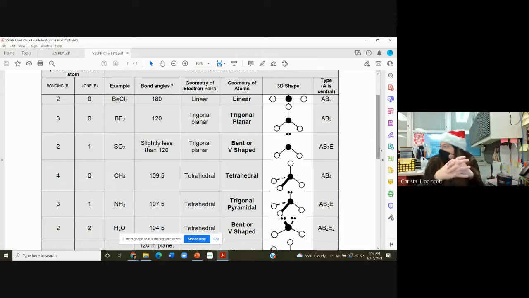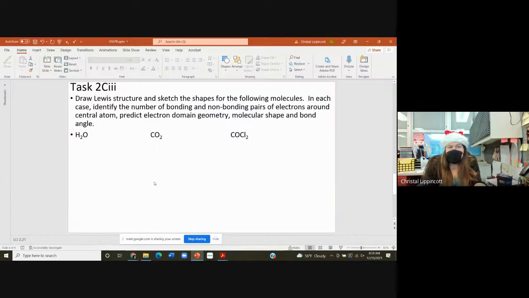Okay, so anybody not able to find this sheet in your packet? All right, so this is what we're going to be working with to be able to figure out these shapes.